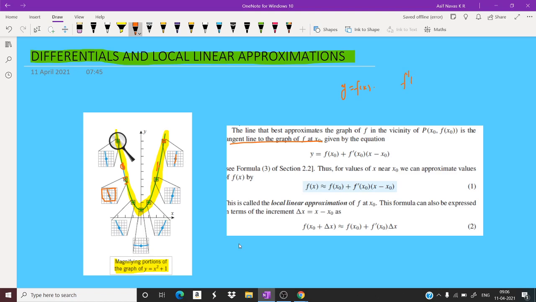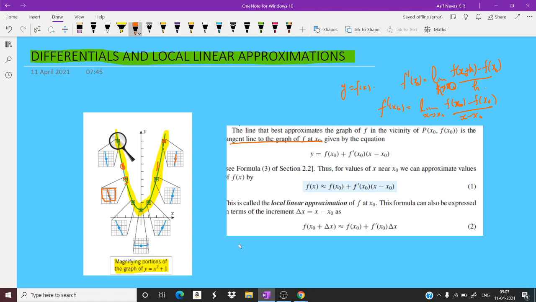Then we know that the derivative f dash of x naught is equal to limit h tends to 0 of f of x naught plus h minus f of x naught divided by h. Now there is another definition for the derivative, that is f dash of x naught is equal to limit x tends to x naught of f of x minus f of x naught divided by x minus x naught.